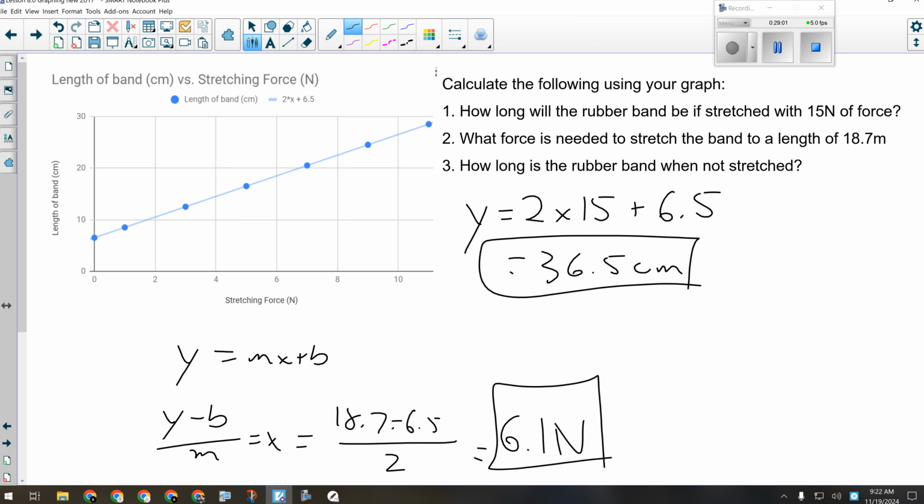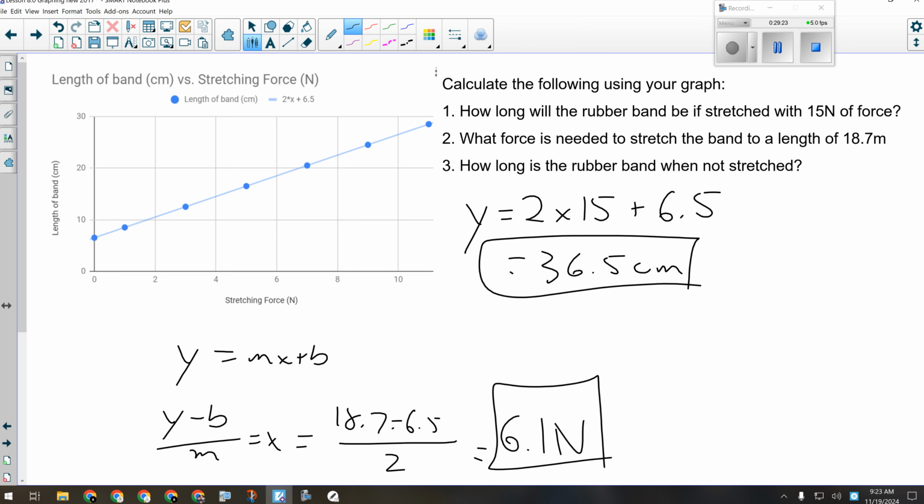How many newtons do you need to stretch this thing 1 centimeter? Like, stretch it a centimeter? Yeah, it's stretching at how many newtons for every centimeter? Half.